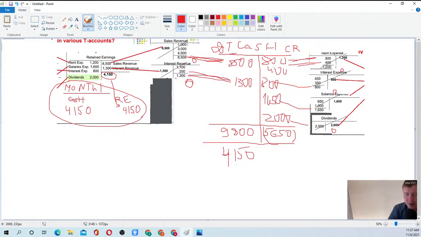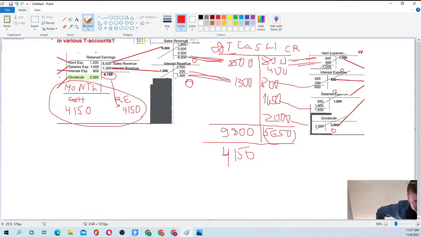That way it will be easier for you to understand why debits equal credits, and maybe it will give you some intuition how to pick the other account. So that was month 1.